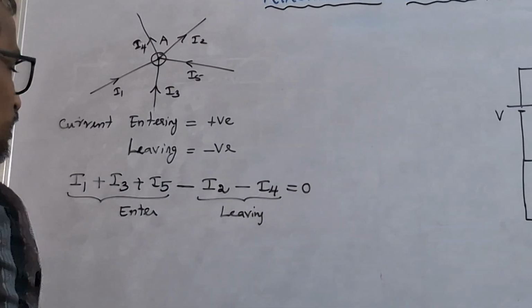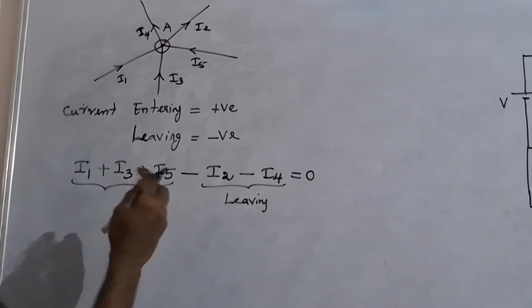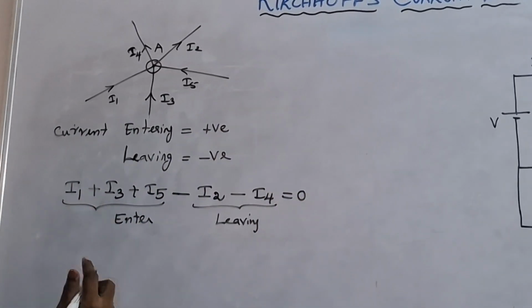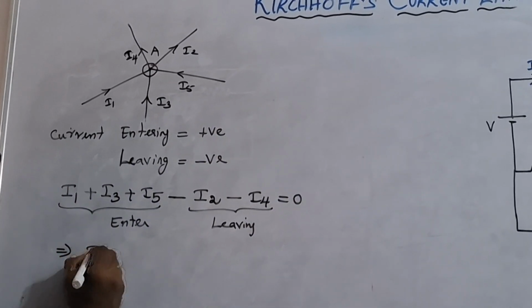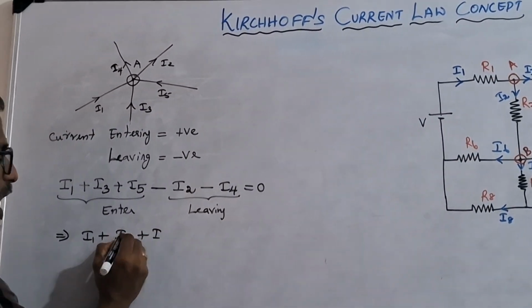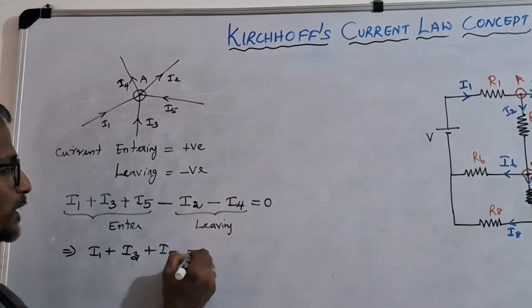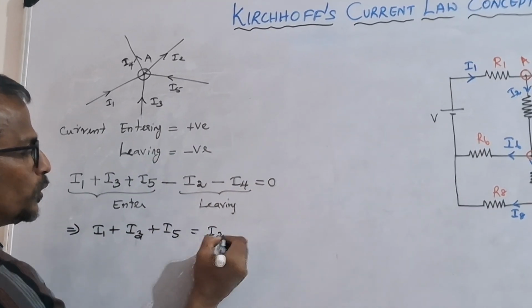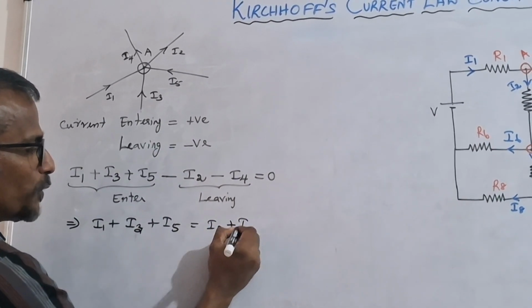Now if you see this, when we take the minus value to the right hand side, we can say that I1 plus I3 plus I5 equals I2 plus I4.